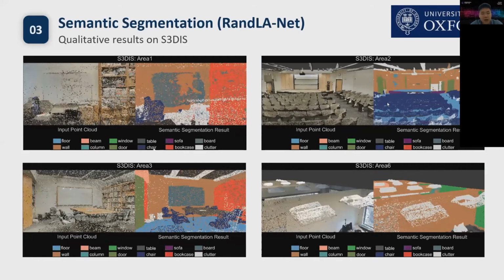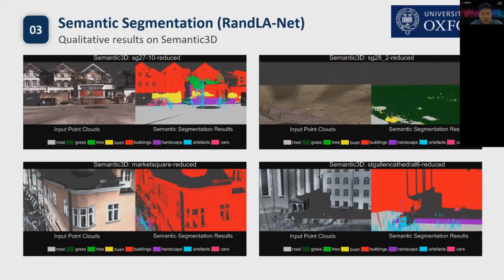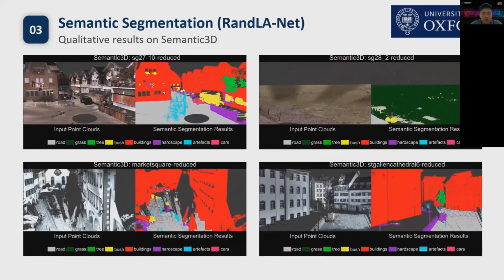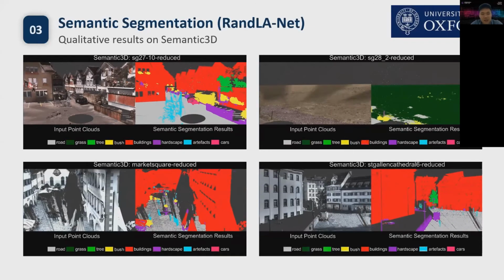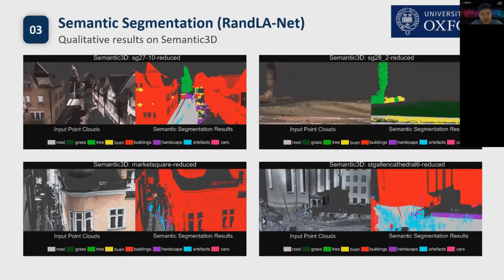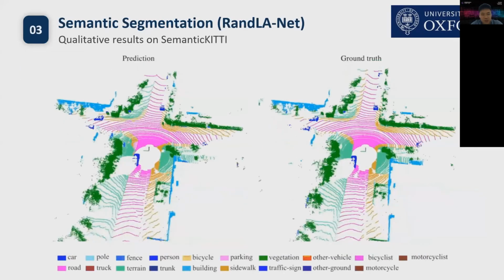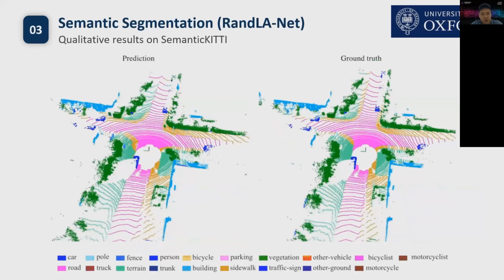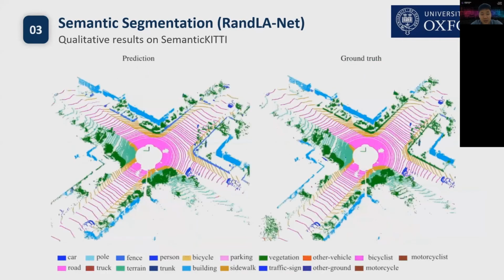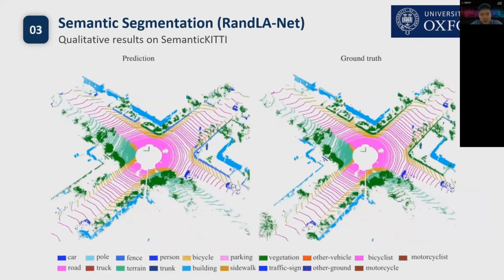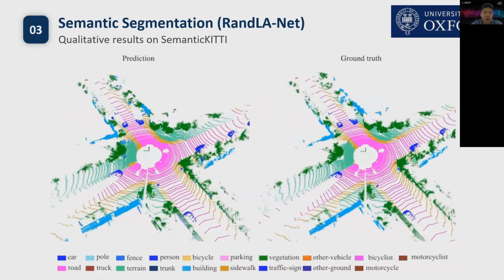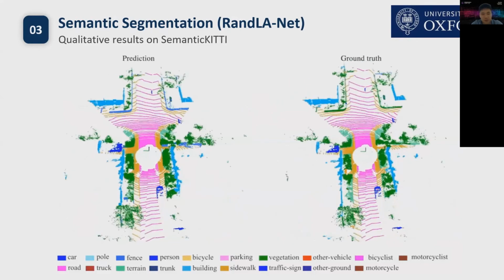This is an outdoor LiDAR dataset, and our RandLA-Net also achieves consistent segmentation performance. Finally, this is the result achieved on the SemanticKITTI dataset, and this is the most challenging dataset because the point cloud acquired by the LiDAR sensor is quite sparse, and there are more than 19 categories. But as you can see, our RandLA-Net can still achieve very satisfactory results.